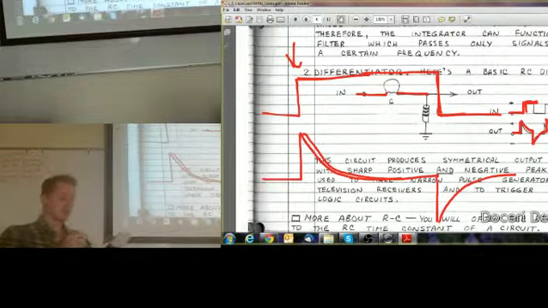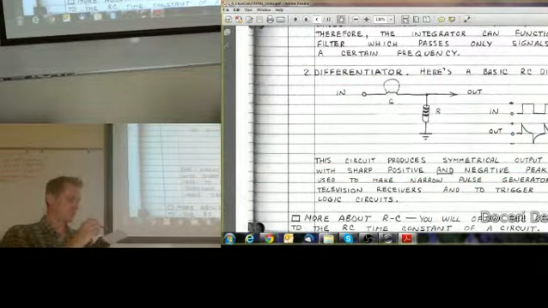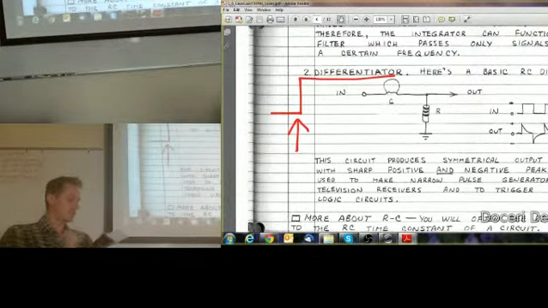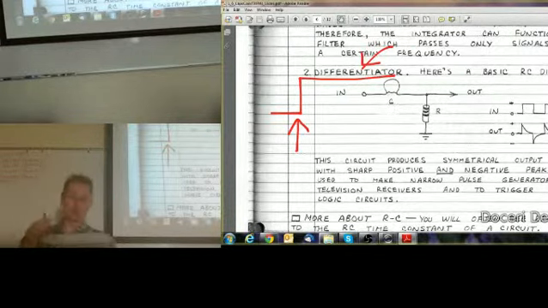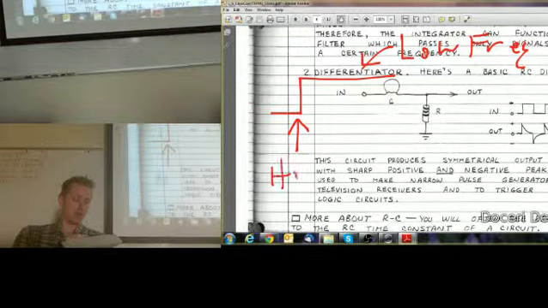This is also what we call a high-pass filter. It passes the high frequencies. What we mean by high frequency is a fast moving signal. A low frequency is a slow moving signal. So this is low frequency, and this is high frequency.